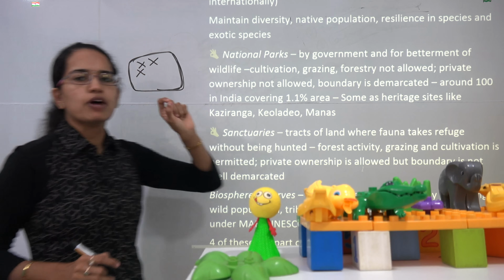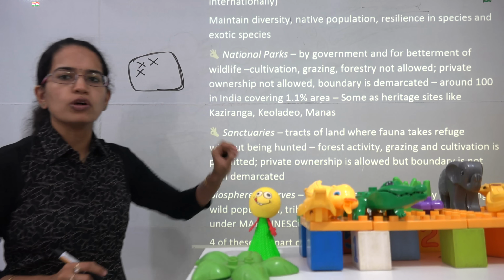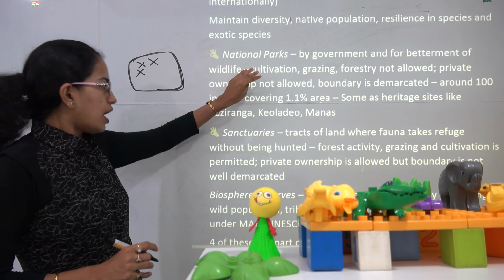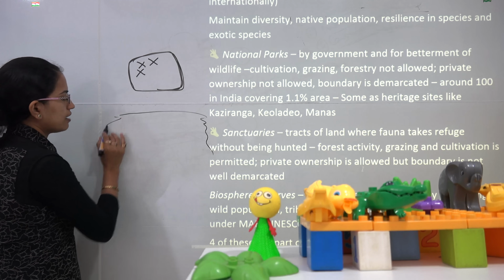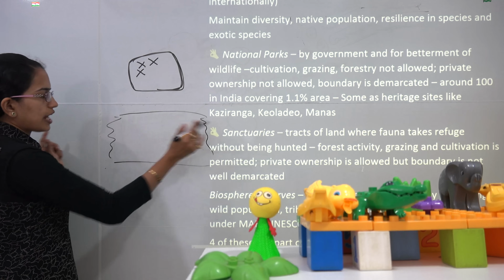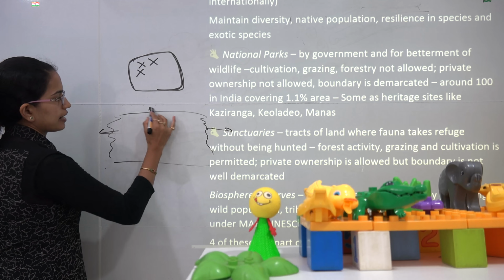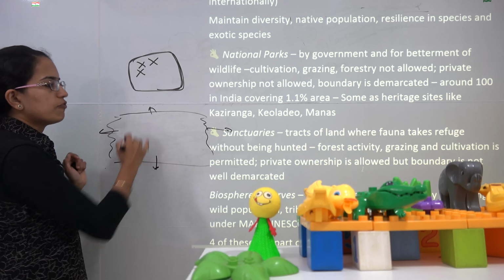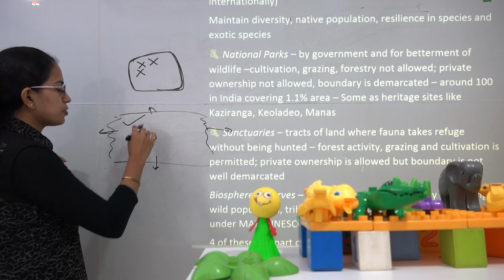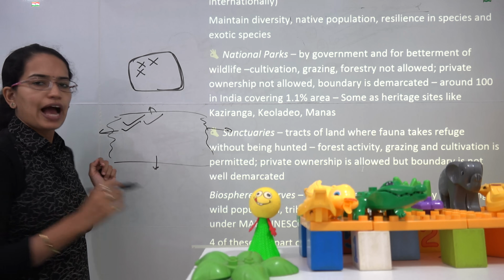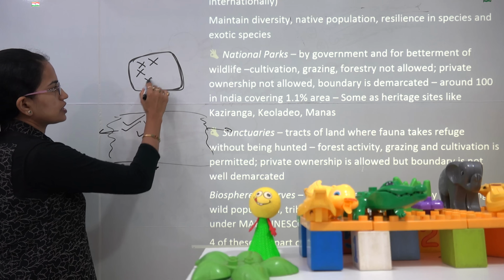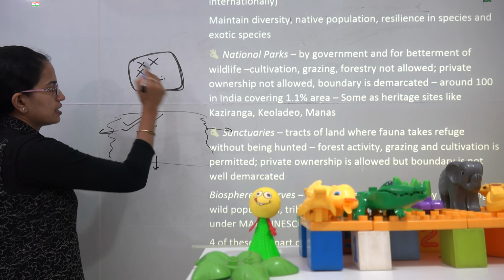In India, only 1.1% of the area falls under national parks. However, sanctuaries are open areas with no boundaries, so you can have unlimited expansion. Forestry is allowed, grazing is allowed, cultivation is allowed, and private ownership is also allowed, which is not allowed in a national park.